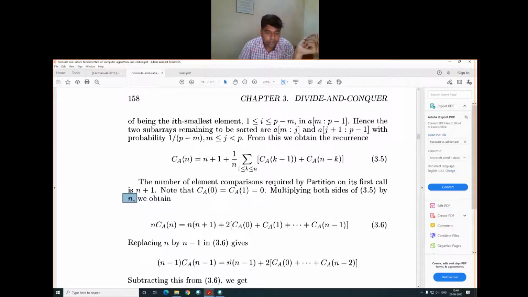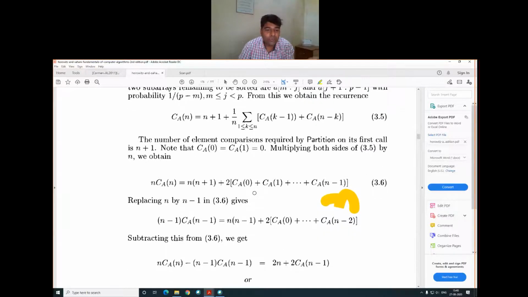Again we get n minus 1, and here we have 2 times C of a 0 plus up to C of a n minus 2. Why? Because here we are placing n minus 1 in the last term.